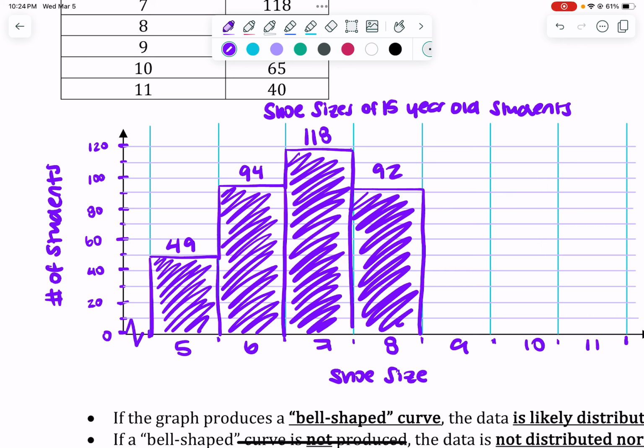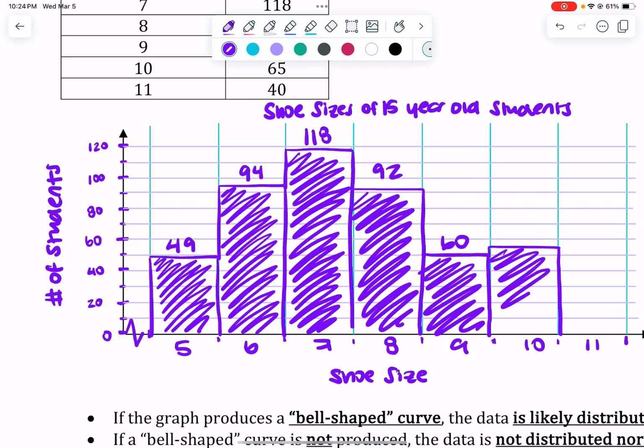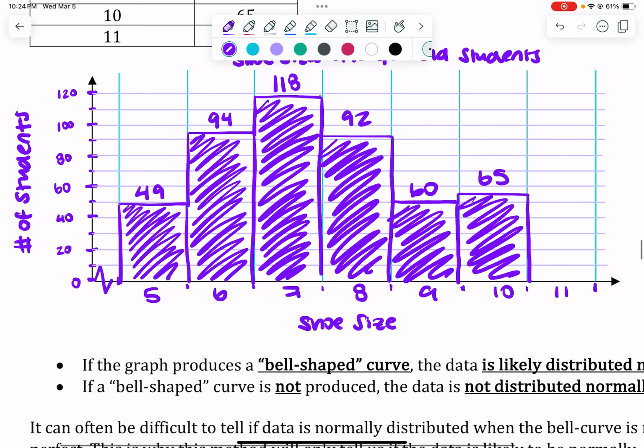So 60, we'll take a peek in around here. This one actually falls directly on the line, so that's very convenient. Then we've got 65, so halfway between 60 and 70. And, of course, we end up with 40.